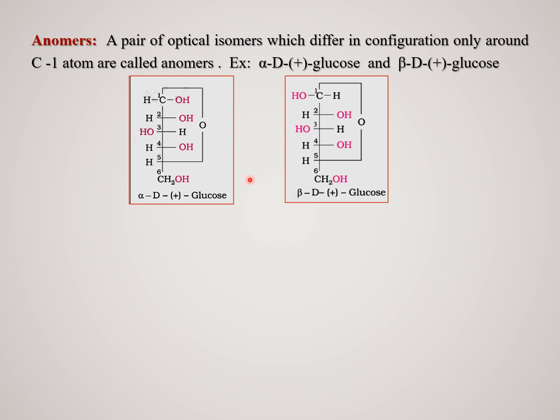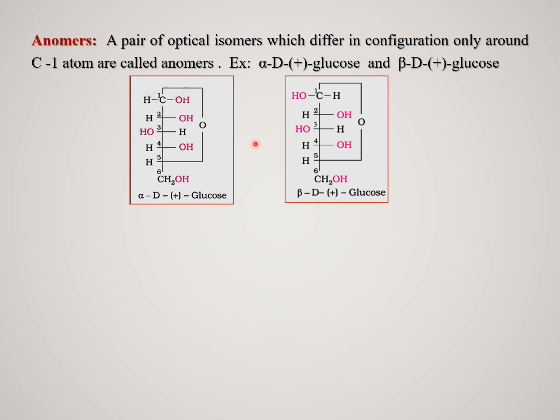Please observe carbon number 1 on alpha D plus glucose: OH is on the right. Please observe carbon number 1 on the structure of beta D plus glucose: OH is on the left. So it is clear that these two structures, alpha D plus glucose and beta D plus glucose, are called anomers.